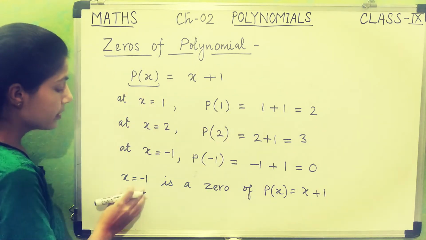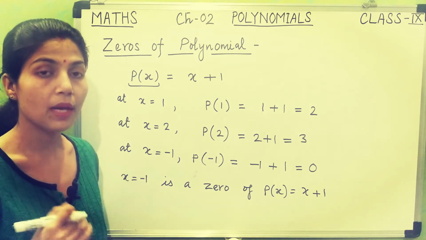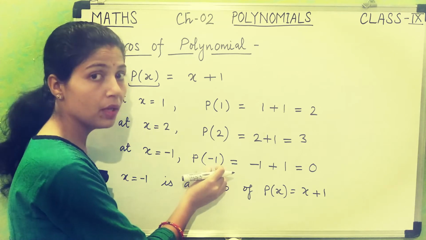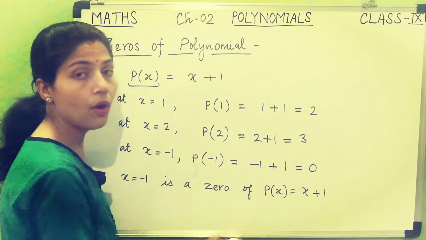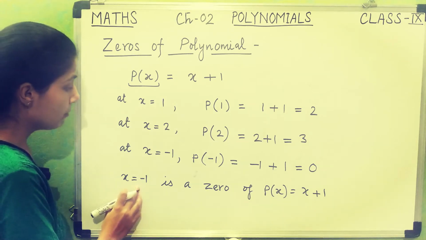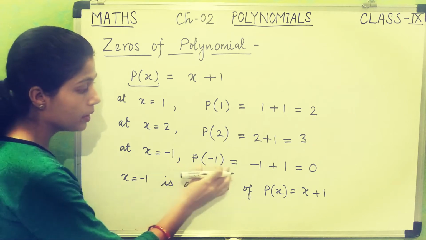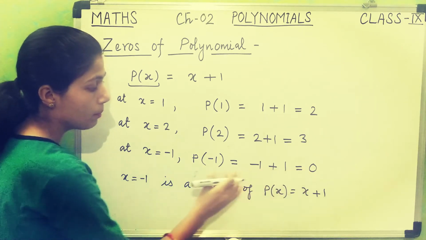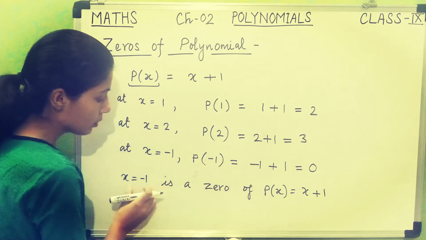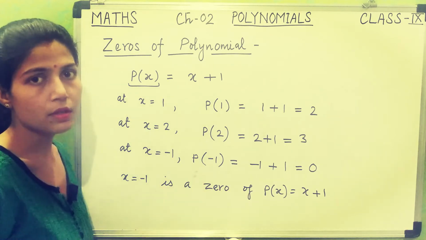If you put any value and you get the value of the polynomial as 0, then that value of the variable is called the zero of the polynomial. So here when we put the value of this variable as minus 1, we are getting the value of the polynomial 0. So this value x equals minus 1 is the zero of the polynomial x plus 1.